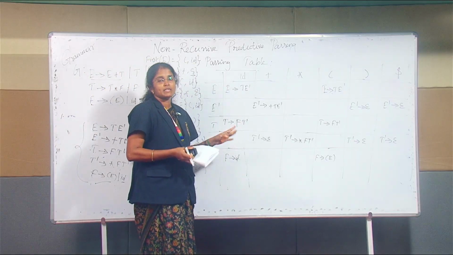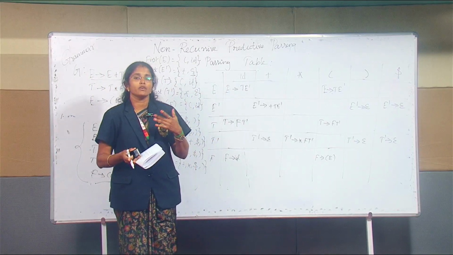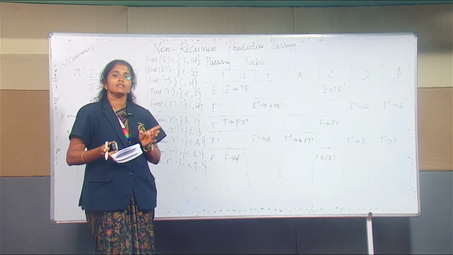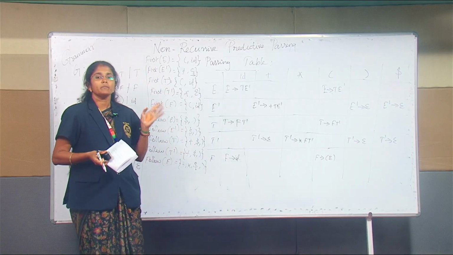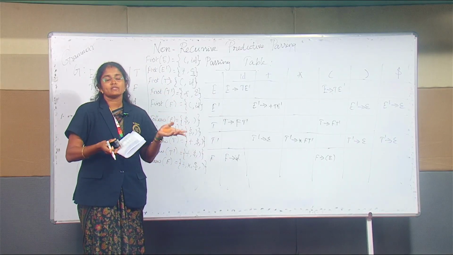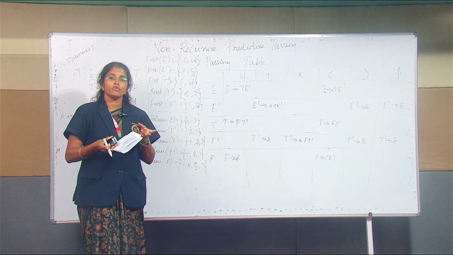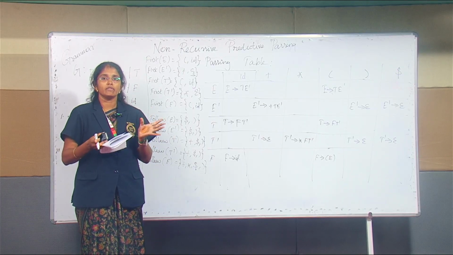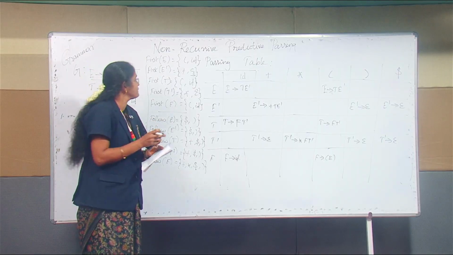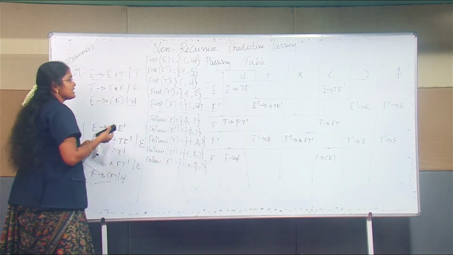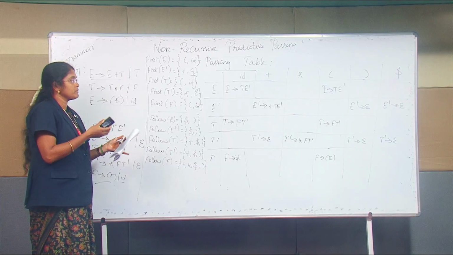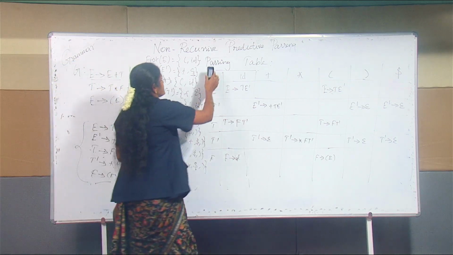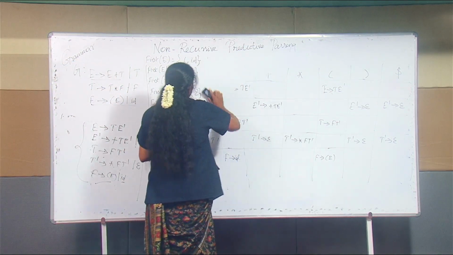By using this parsing table, if you are given any input string, we need to check whether the given grammar accepts that input. Parsing is the process of checking a continuous stream of input string to see whether it is accepted by the formal grammar. Now I am considering one input string, and we will check it using non-recursive predictive parsing.